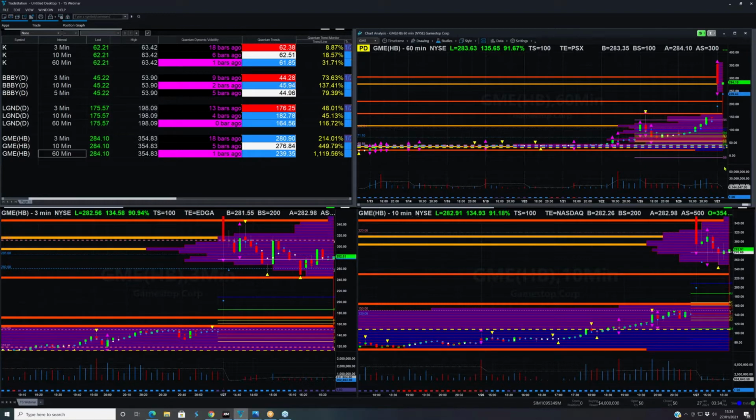We measure volatility in two ways. You either use standard deviation, which is what Bollinger Bands are based on, or you can use average true range, and this is based on average true range.